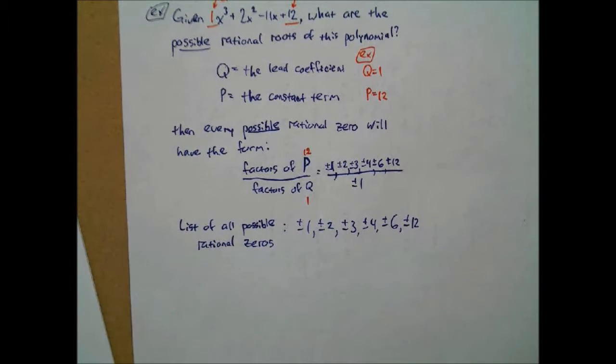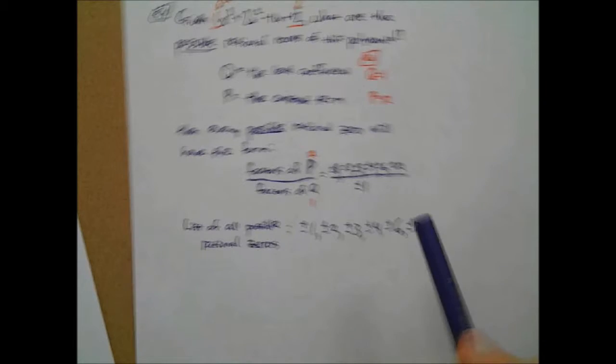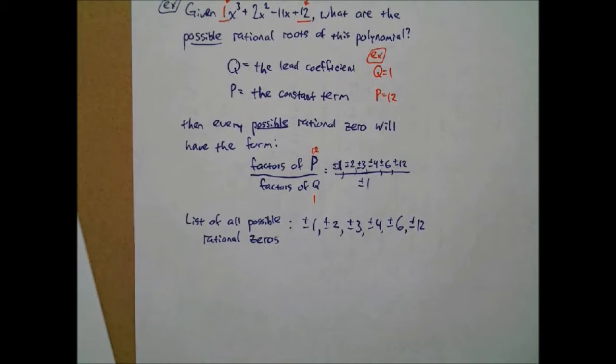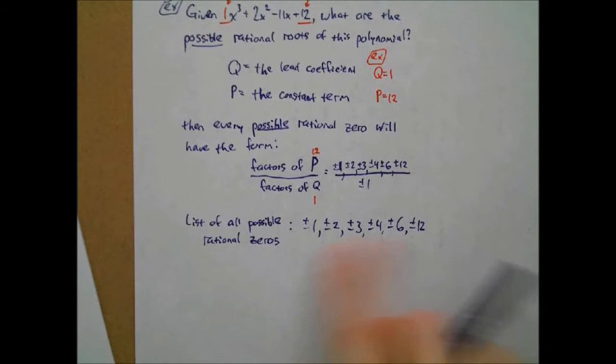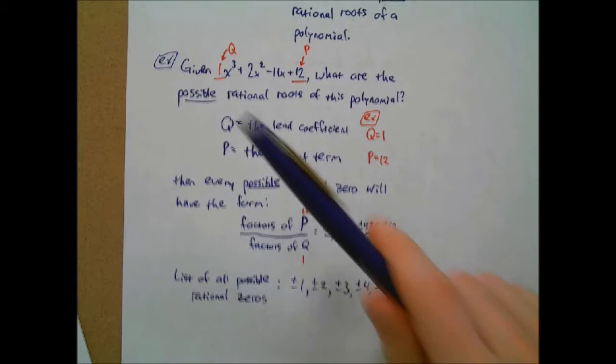So 1, 2, 3, 4, 5, 6, 7, 8, 9, 10, 11, 12. We have 12 candidates for zeros. 12 possibilities here that could be zeros of our polynomial.